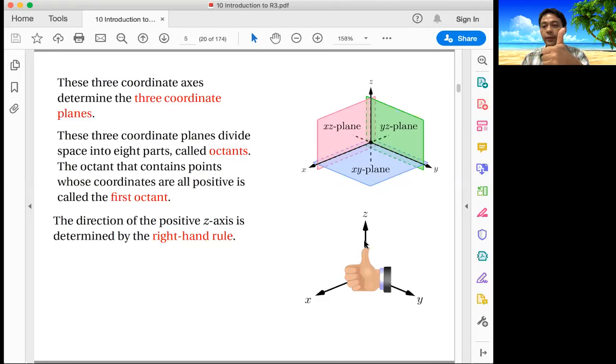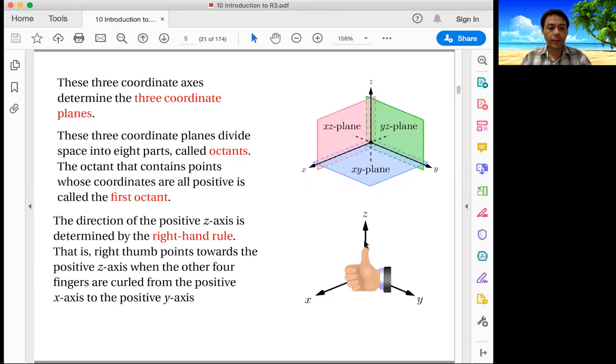So z-axis, x-axis, and this is the y-axis. You always use the right hand. Don't use the left hand in determining the Cartesian axes or the coordinate axes.